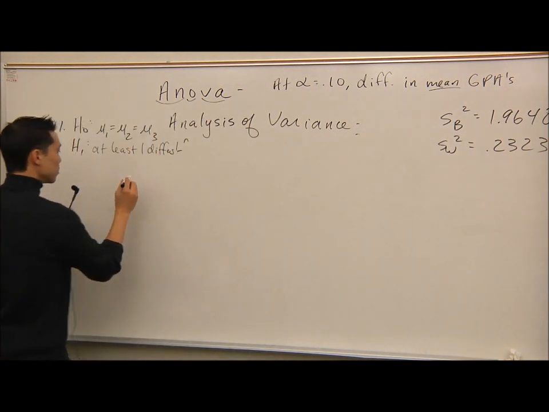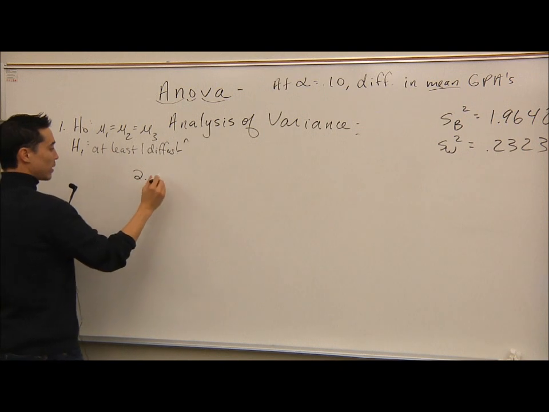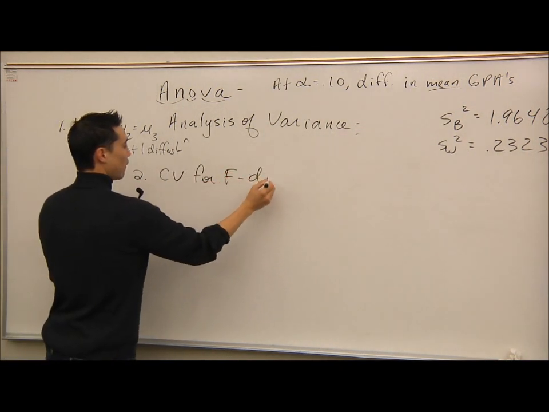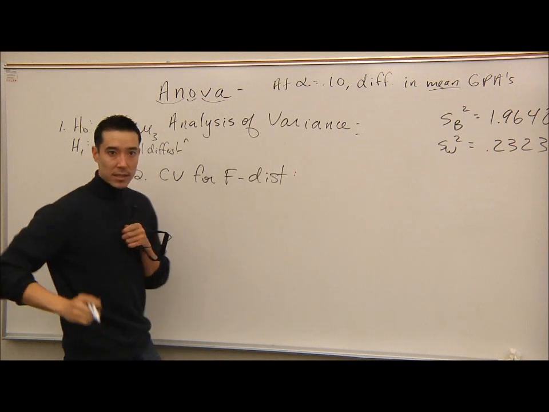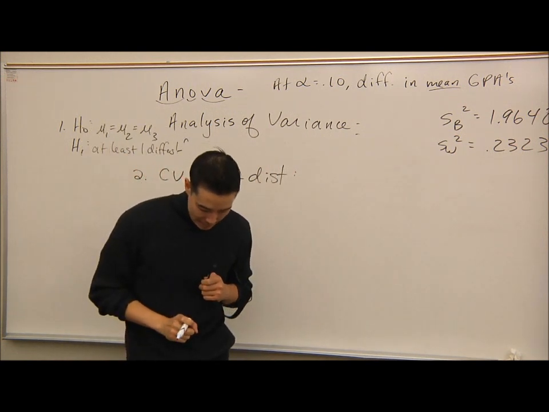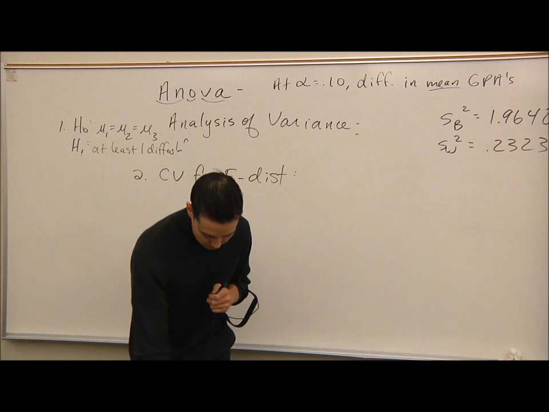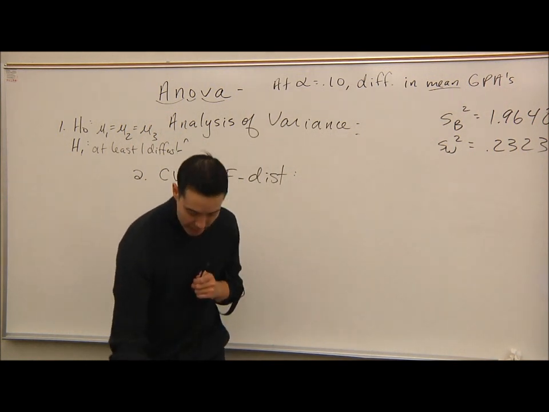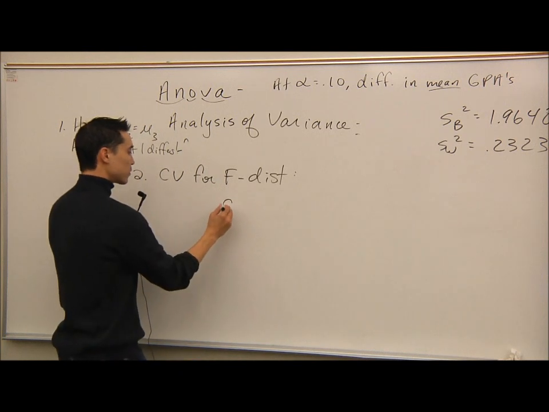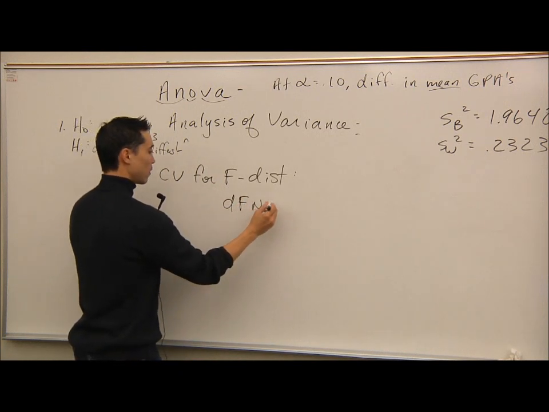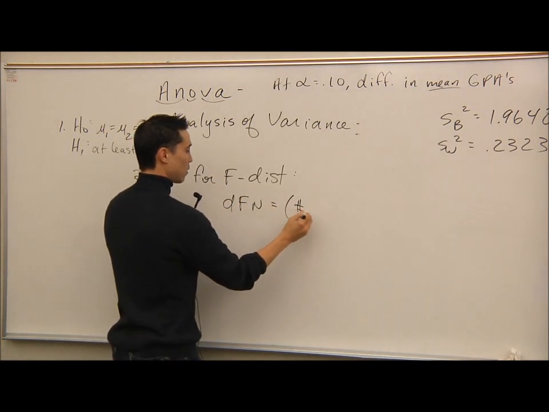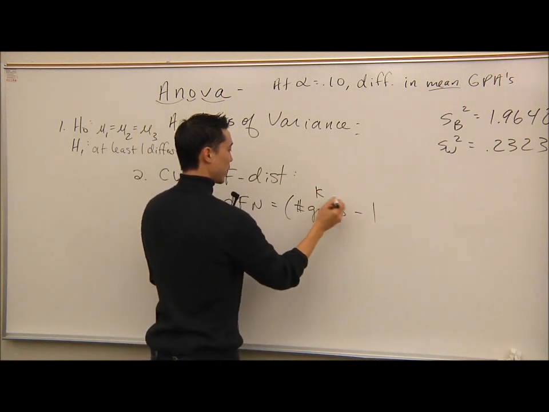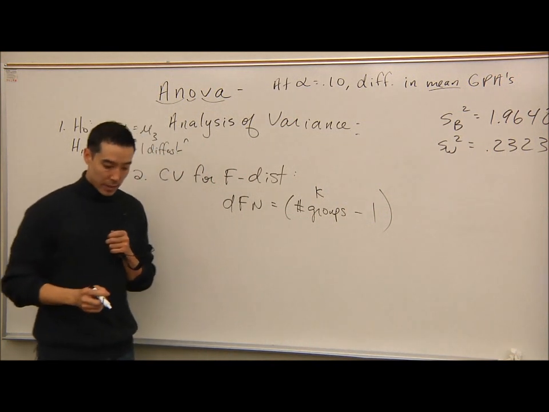Okay? So when I go to step 2 and I'm looking for the critical values for the F distribution, I need to give you the formula for what's DFN and what's DFD. DFN in this is K minus 1, the number of groups minus 1.